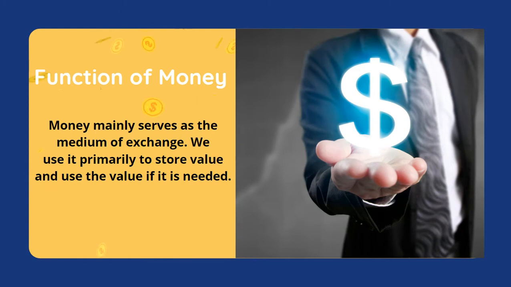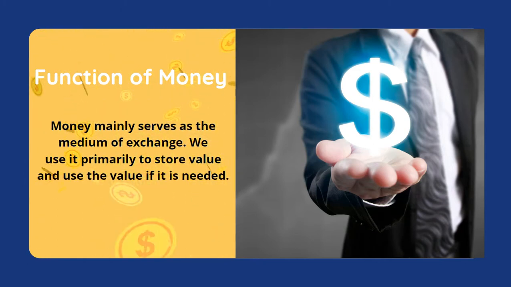So, function of money. Money mainly serves as the medium of exchange. So, we use it primarily to store value and use the value if it is needed. So, as what we have mentioned before this topic, we use cash and coin because of those three main physical features, which makes it ideal to store value.